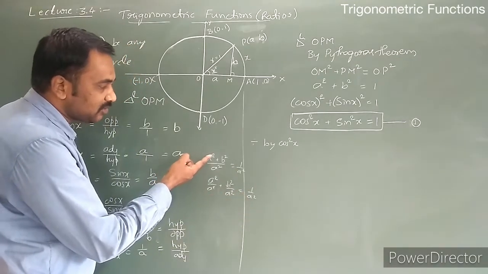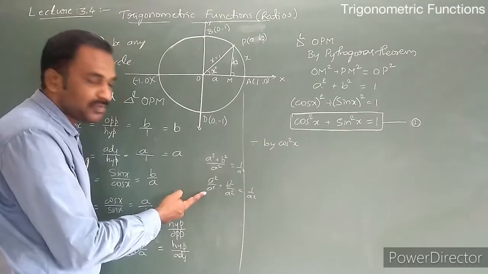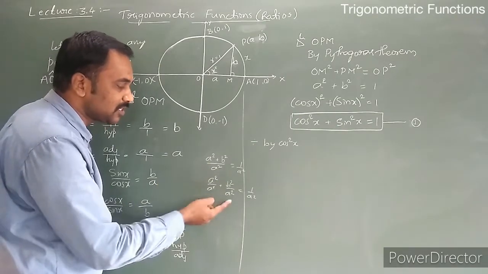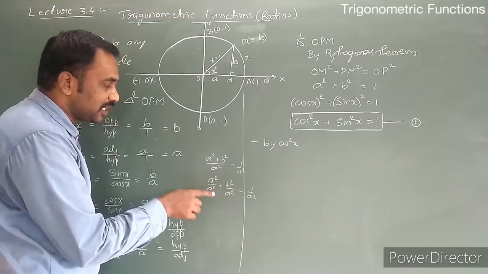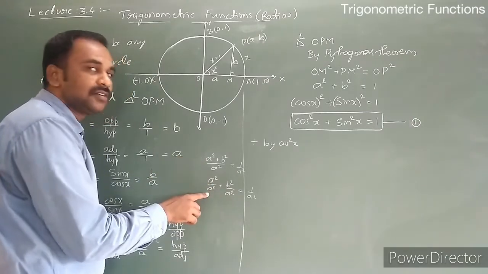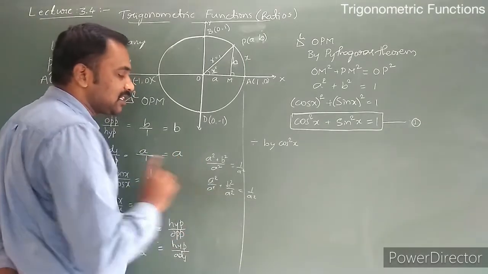Observe that both terms are divided by a square, so I split it. If you want to get the previous result, take the LCM, and once again you will get the previous result.